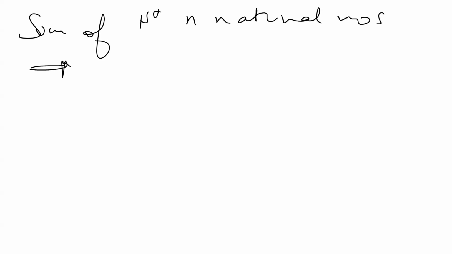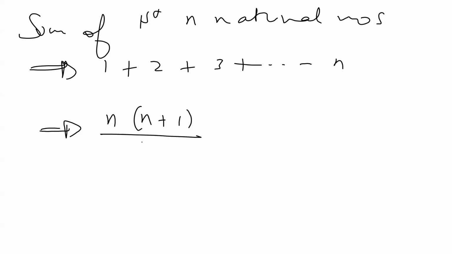Sum of first n natural numbers implies what? 1 plus 2 plus 3 plus dot dot dot n. This can be written as n into n plus 1 by 2. Copy.